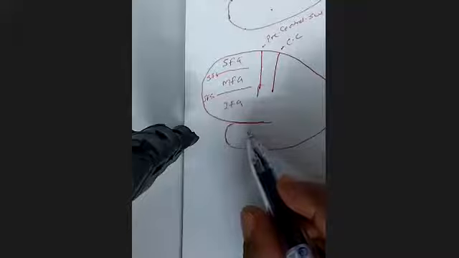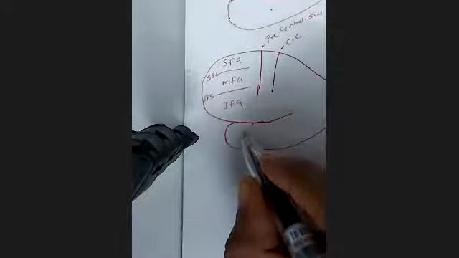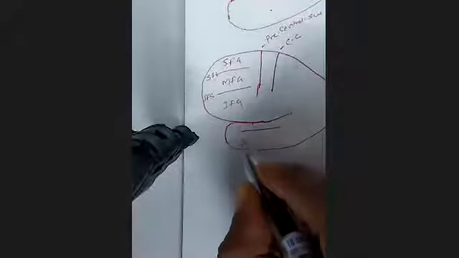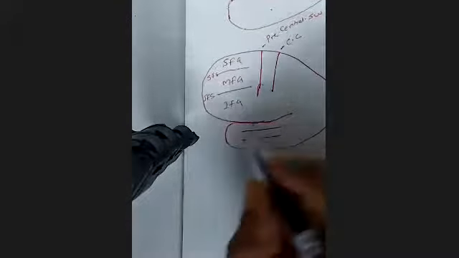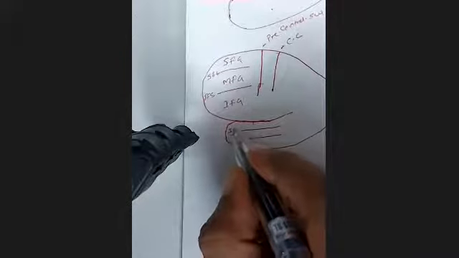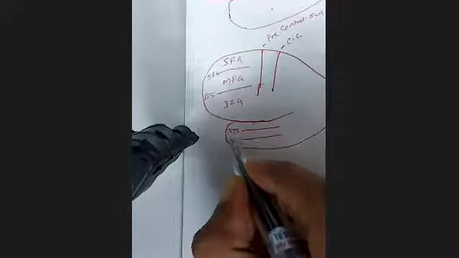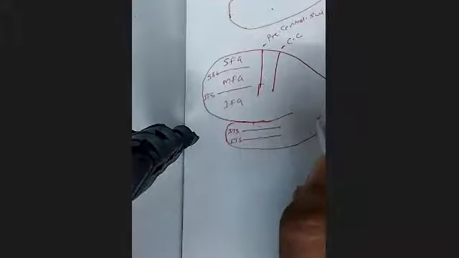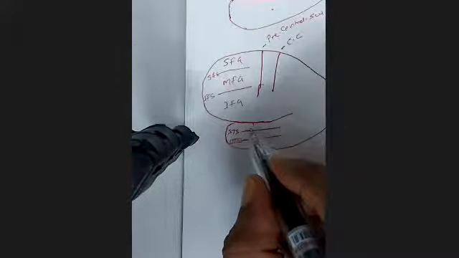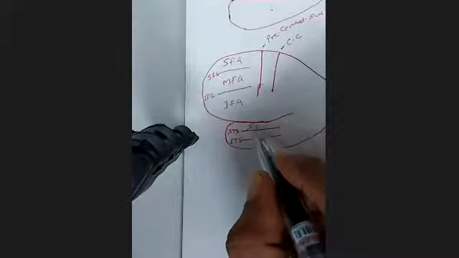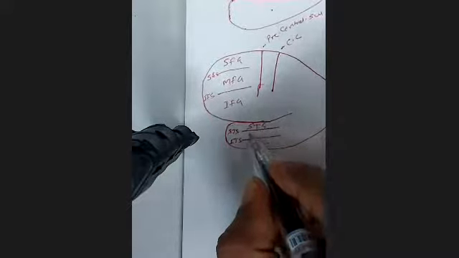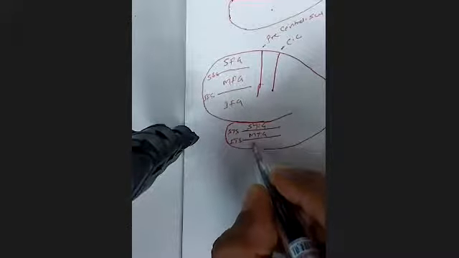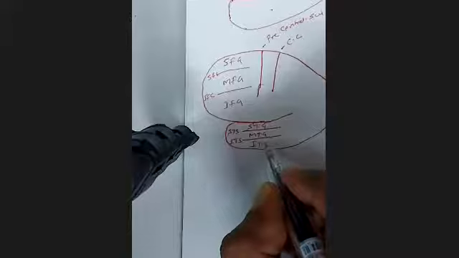So the frontal lobe and temporal lobe are very easy to remember. In the temporal lobe also there are two sulci and three gyri: superior temporal sulcus and inferior temporal sulcus, and the three gyri are superior temporal gyrus, middle temporal gyrus, and inferior temporal gyrus.